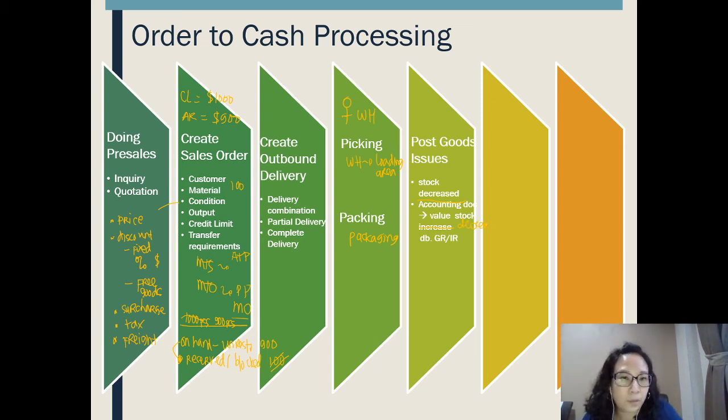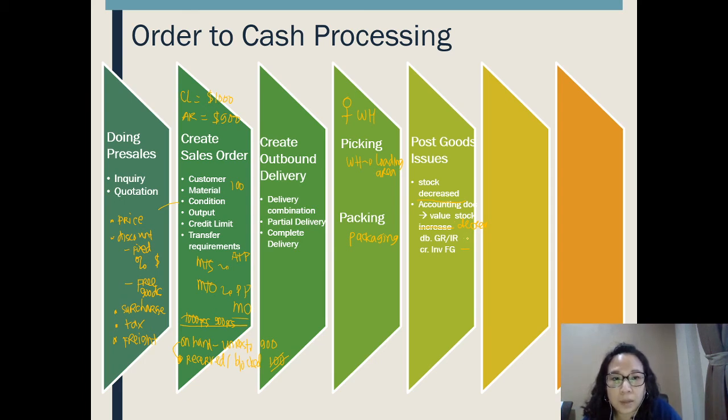So later on the journal created will be the inventory finished goods in the credit, because the inventory decreases. That's why it's in the inventory finished goods. And then the debit side will be GRIR, goods receipt, invoice receipt.